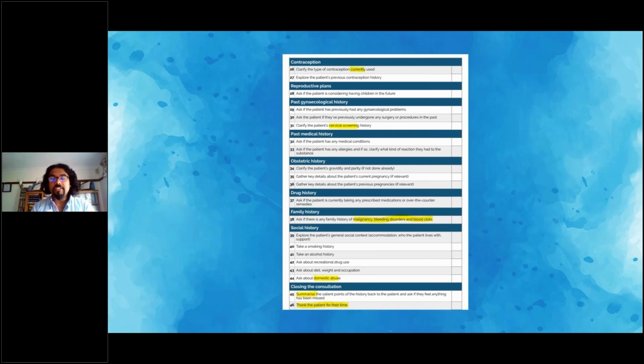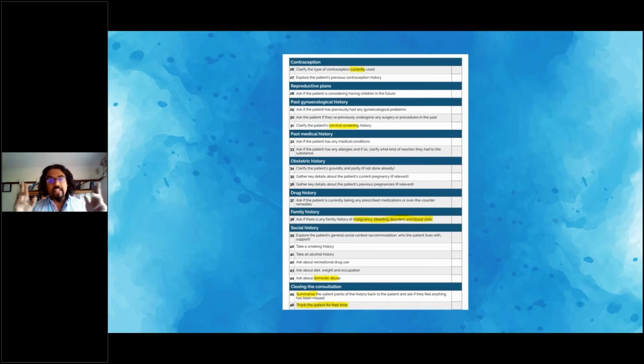Unfortunately, our rates of cervical screening in the country have dropped, and the Jade Goody effect has been lost. If you're not sure what that is, Jade Goody was a contestant on Big Brother, quite a famous contestant, and unfortunately she developed cervical cancer and passed away at a very young age. After that hit the national news, cervical screening in this country went up very significantly and remained high for a number of years.